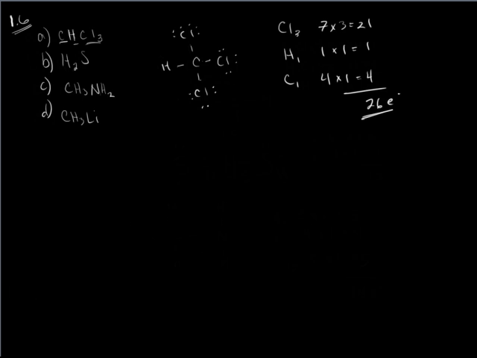Okay. We're doing the last one, right? I think we are. Yes, we just did this one. Okay. Again, pretty simple, pretty straightforward. We have a carbon with 3 hydrogens and a lithium. This lithium is in group 1.